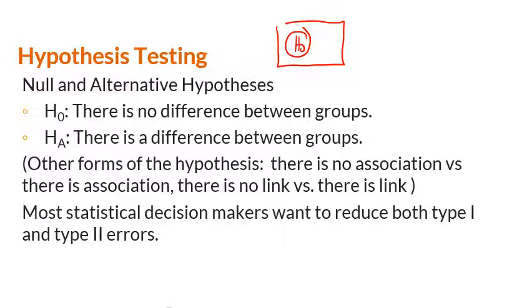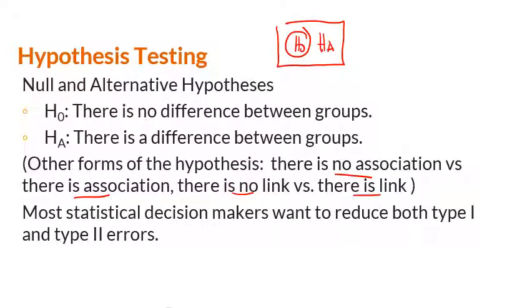Usually, yung alternative hypothesis is a complement, yung complement set ng lahat ng hypothesis nung null hypothesis. Complementary yung dalawa. So medyo exclusive yung dalawa. So kung hindi siya null hypothesis, alternative hypothesis siya. Kung hindi siya alternative hypothesis, null hypothesis siya. So there are other forms of the hypothesis na testing na meron tayo. So yung there's no association versus there is association, there is no link versus there is link.